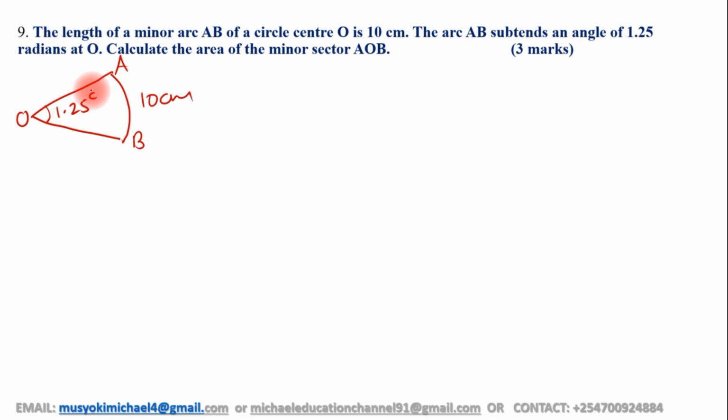So we need to find the area of the minor sector. But since we don't know the radius, first we need to find the radius, then we use the radius to find the area of the minor sector AOB. That is minor sector, that is part of the circle.